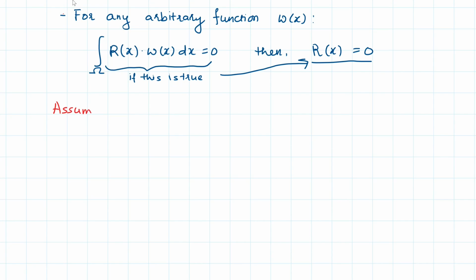Now, assume that, for example, our approximation function for displacement is equal to some constant a0 plus a1 times x plus a2 times x squared, all the way up to an times x to the power n. Here all the coefficients ai are constants.